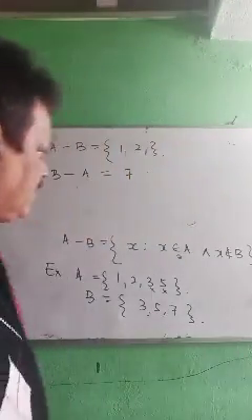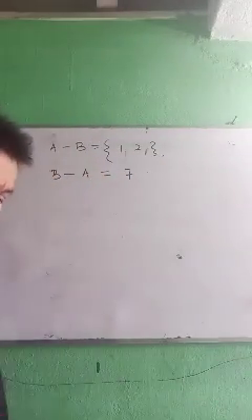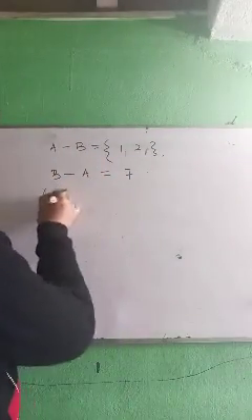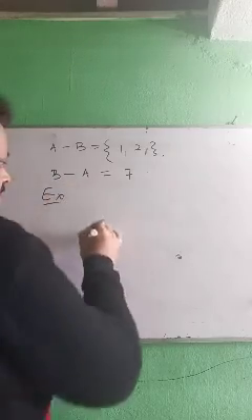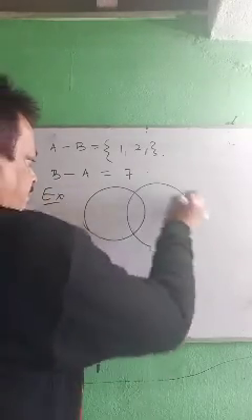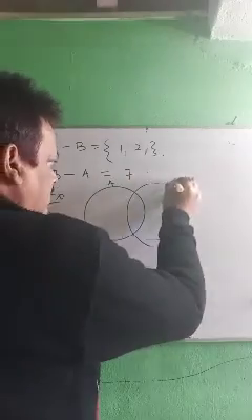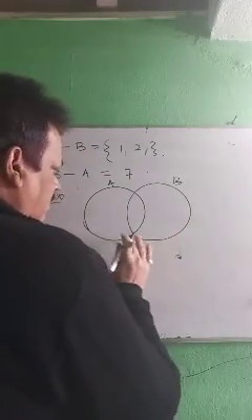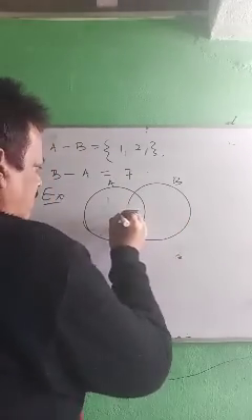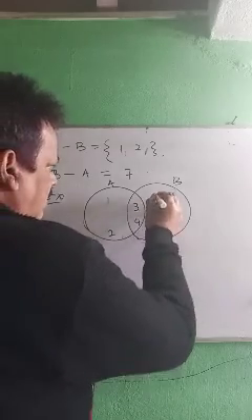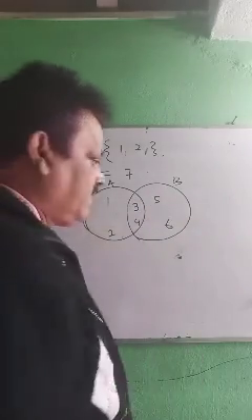Okay. Now, look at one example here. There is a set A, there is a set B. This is 1, 2, 3, 4, 5, 6 suppose.